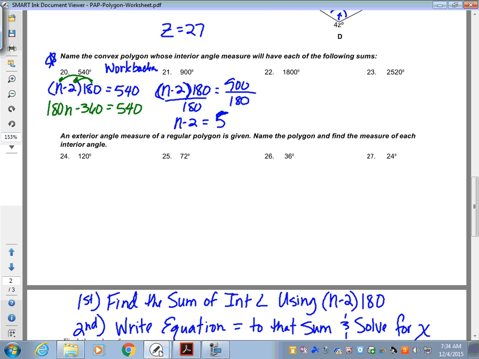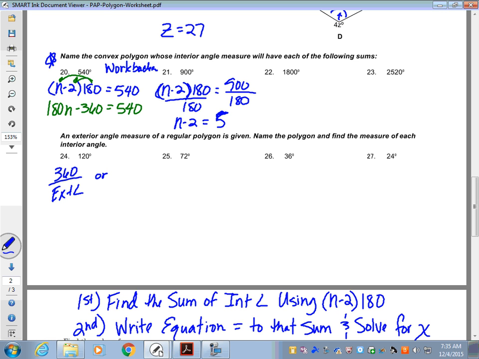Then I think this one is just going straight to finding an exterior angle. There are 2 ways you can do that. Because they want you to name the polygon and it gives you the exterior angle, you can use 360 divided by the exterior angle. Or you can take the interior angle, but I don't think they give you the interior.